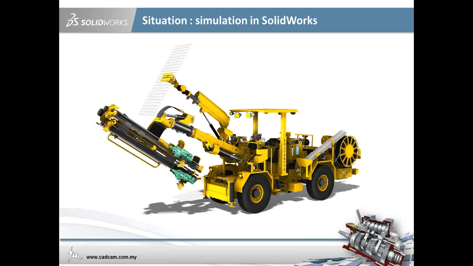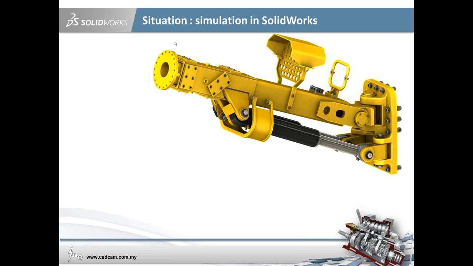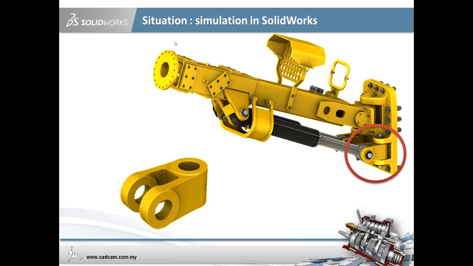Okay. I will use this as an example for today's sharing. This is something that we see a lot on construction sites, and this is more focused on mining or tunneling. What I want to focus on is that at this boom, we want to design a simple knuckle. This is a knuckle design. Of course, as a designer, we want to know whether this knuckle is able to support a certain load acting onto it.